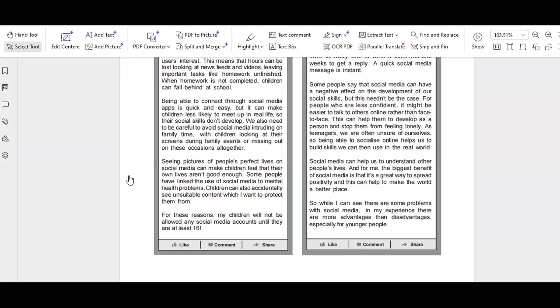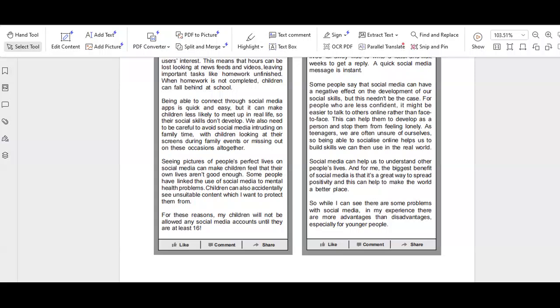Some people have linked the use of social media to mental health problems. Children can also accidentally see unsuitable content, which I want to protect them from. For these reasons, my children will not be allowed to use any social media accounts until they are at least 16.